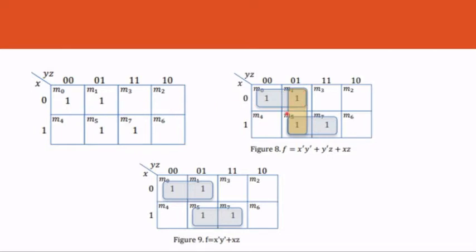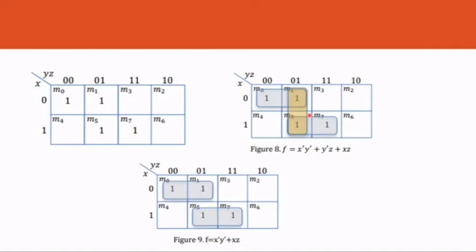If we include a redundant term, just like here, we don't need to combine the minterms M1 and M5, because both are already covered by other combinations.